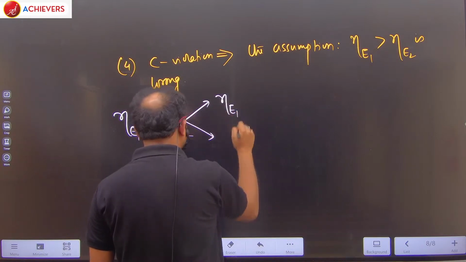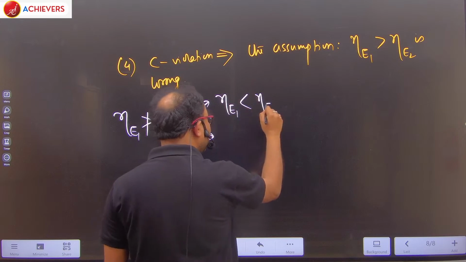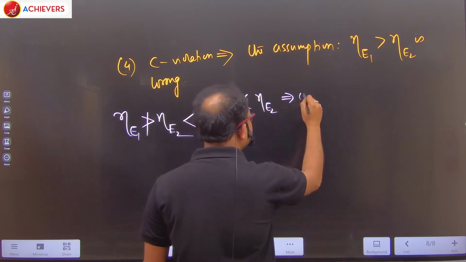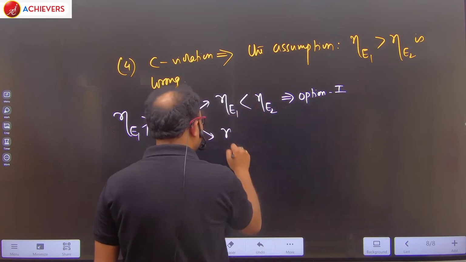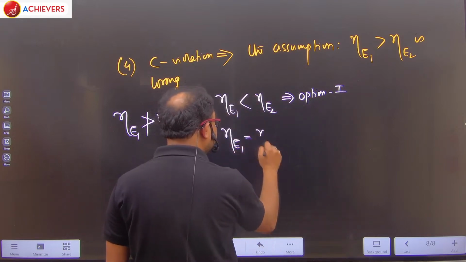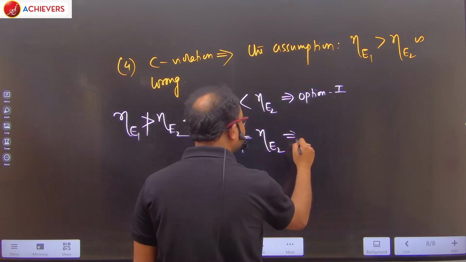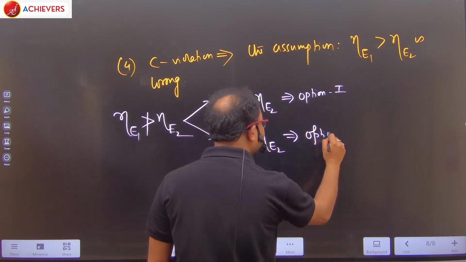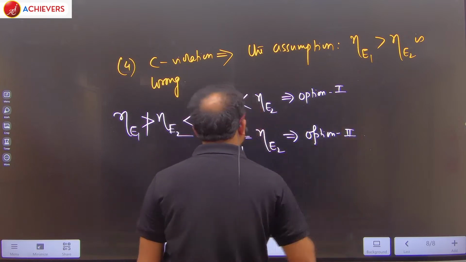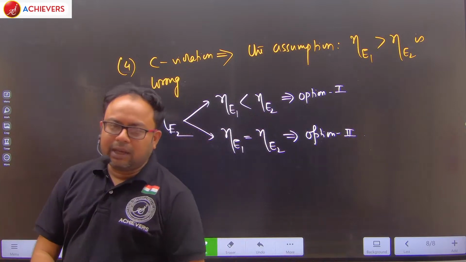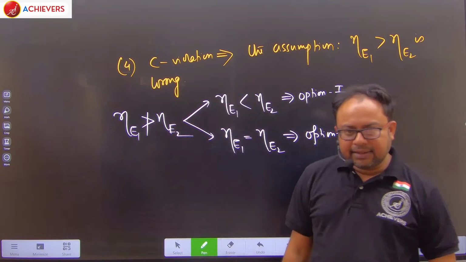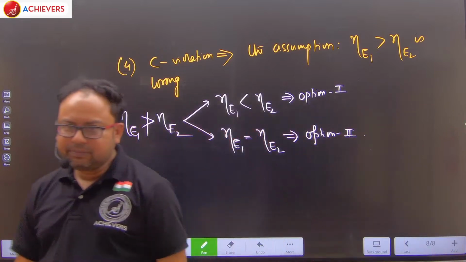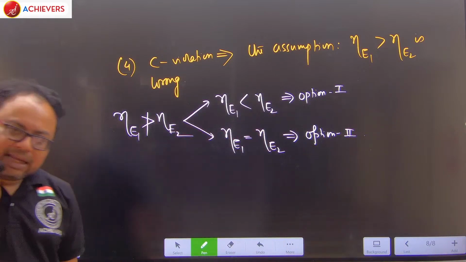Either eta E1 less than eta E2, this is option 1, or eta E1 equal to eta E2, this is option 2. So you have got two options left open: either eta E1 is less than eta E2 or eta E1 is equal to eta E2.